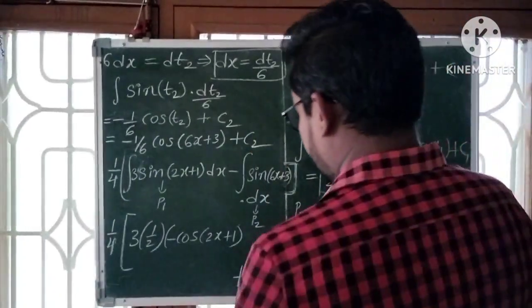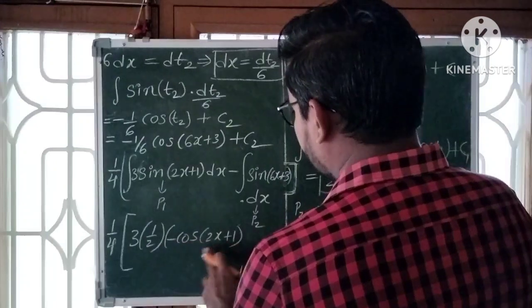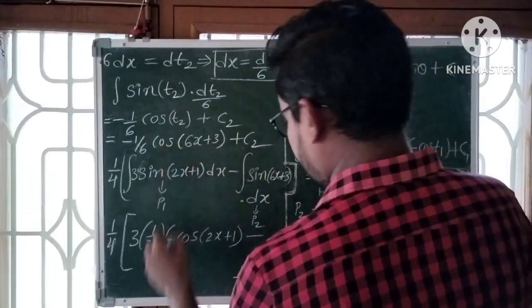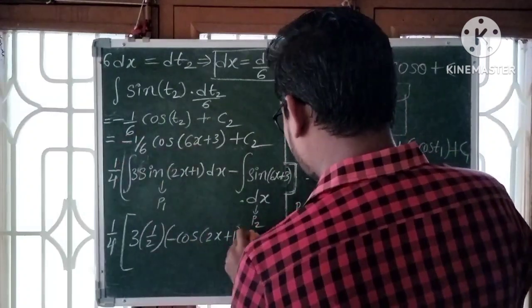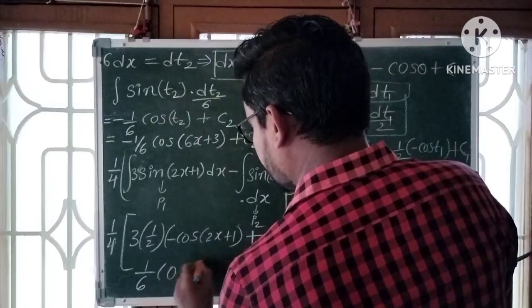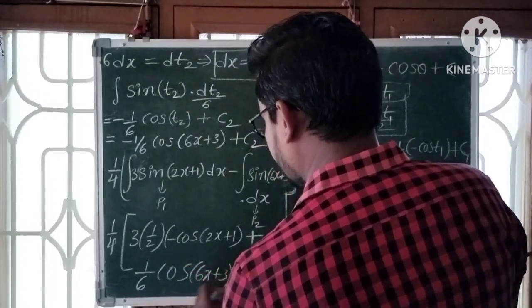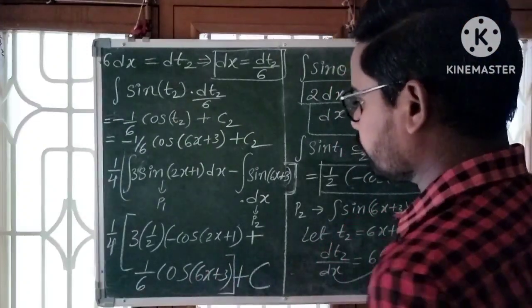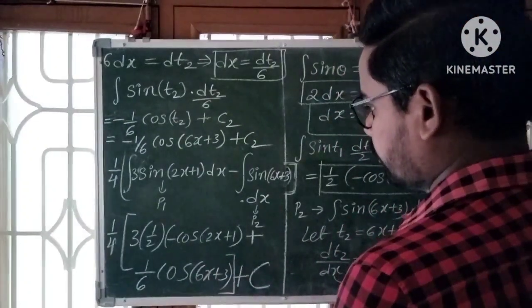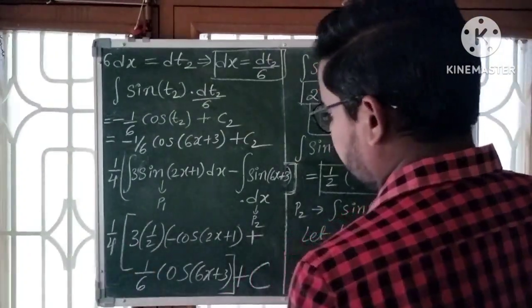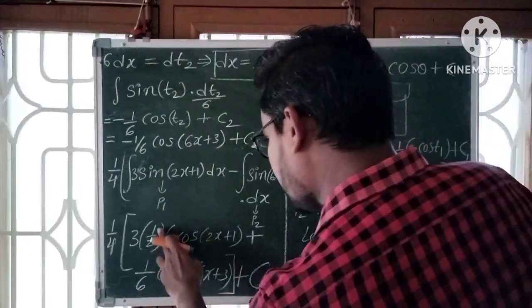3 into 1/2 minus cos of 2x plus 1, minus the integral of this, which is this. Minus into minus, one more minus is there, so plus 1/6 cos of 6x plus 3. Now distribute 1/4, or otherwise we can take out 1/2 common.